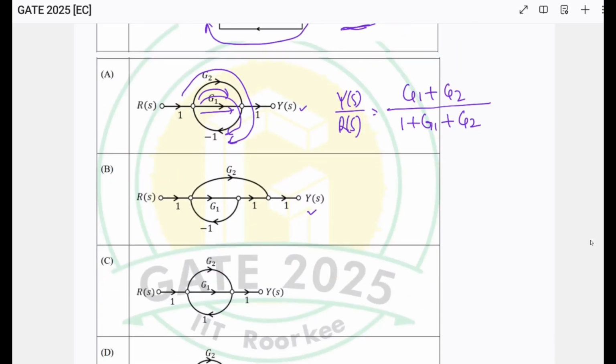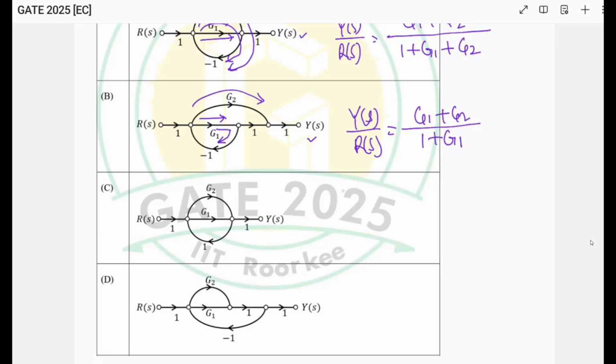Correct? Coming to option B, Y(s) divided by R(s) will be, there are 2 forward paths, one through G2, another through G1. So it will be G1 plus G2 and only one loop through this. So there is negative feedback, so it will be 1 plus G1.